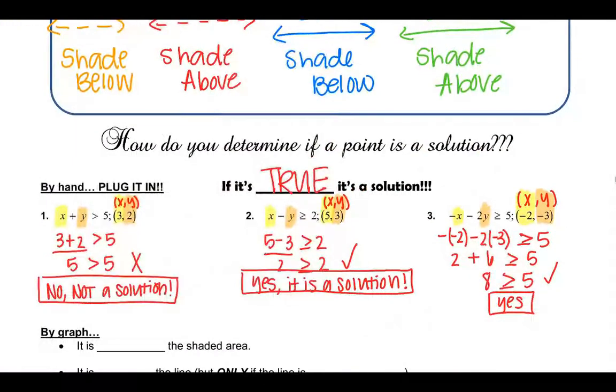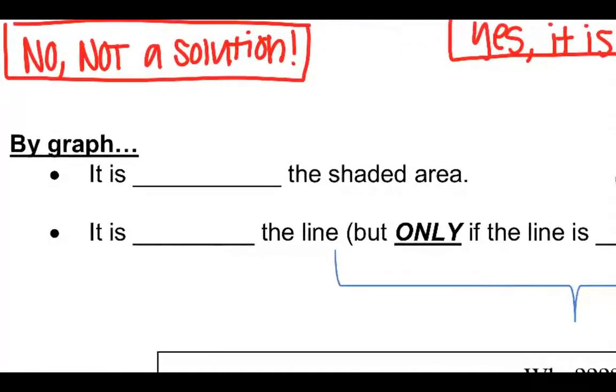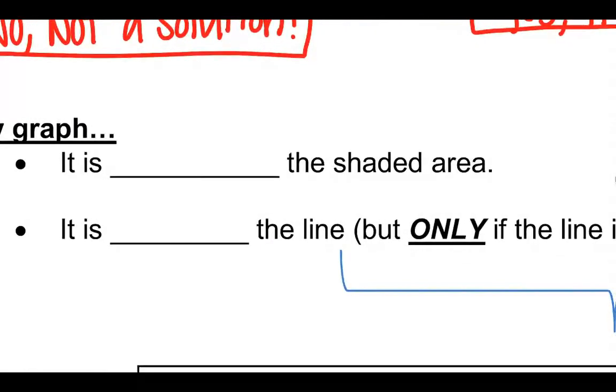Okay, so by graph, if I'm given a graph and I don't give you the actual inequality, the solution is in the shaded area.